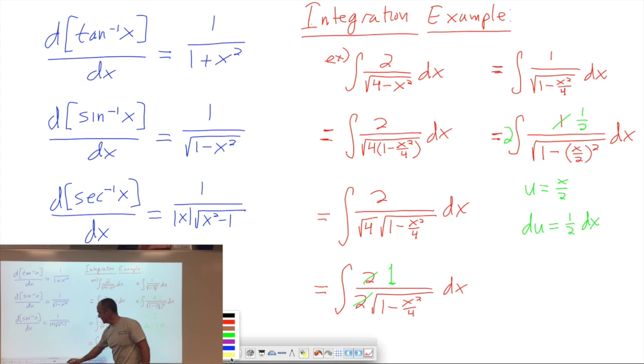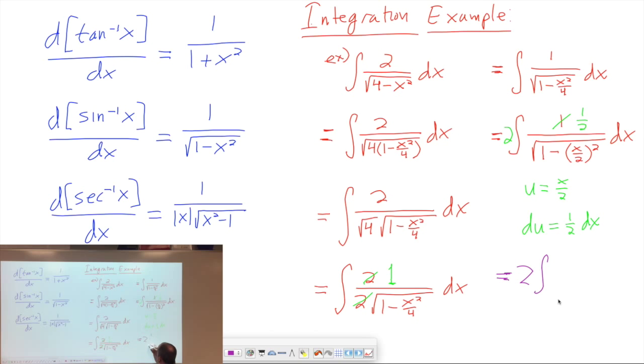Any way you picture it, our antiderivative is now equal to 2 times the antiderivative of 1/2 over the square root of 1 minus x over 2 squared dx.